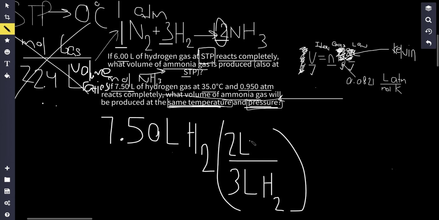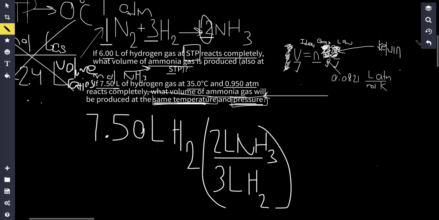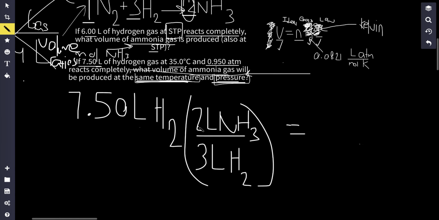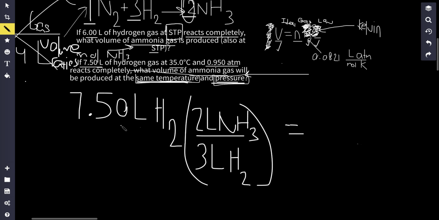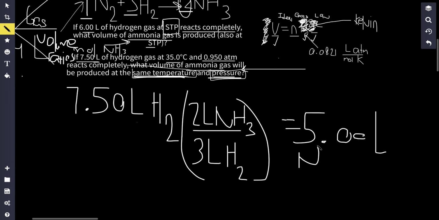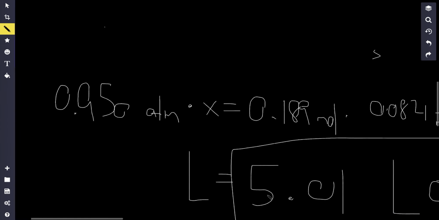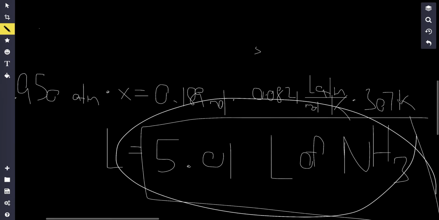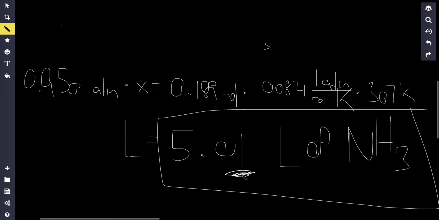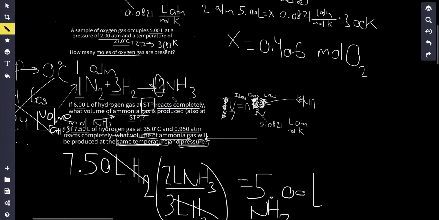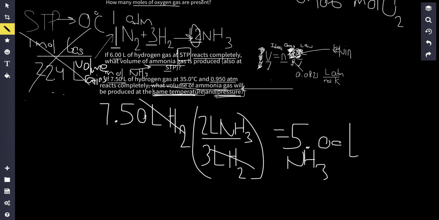And then 7.5 times 2/3, if we round to the correct number of sig digs, let's just assume we started out with 3, so let's just end with 3. This is going to be 5.00 liters of ammonia, because the liters of hydrogen gas cancels out, you're just left with liters of ammonia as your unit. We got the same answer doing this. The only difference is that I rounded before, so there's a little bit of error. But look, you can also use volume ratios to help you solve this.